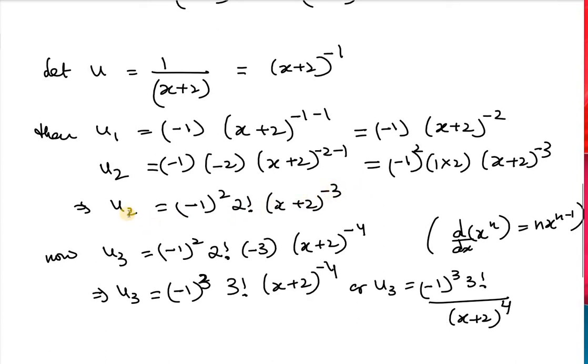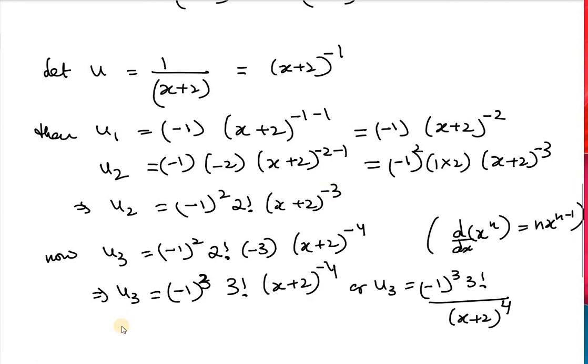Now 3 is 1 more than the order of this derivative, so we have it in u2 as (-1)^2, 2 factorial, (x + 2)^(-3). Now next, what we found that in u3, again the power of -1 is 3, which is same as the order of this derivative, and 3 factorial, 3 here, which is same as the order of this derivative, and the power of x + 2 here is 4, which is 1 more than the order of this derivative. And in u2 also we see that it is 1 more.